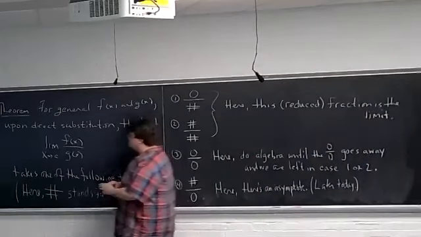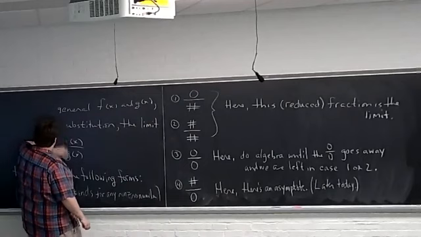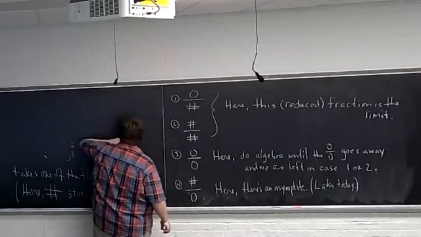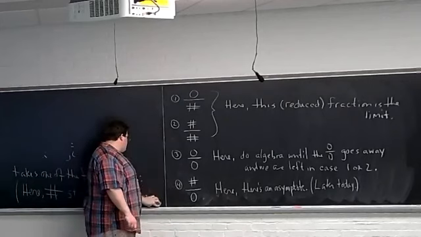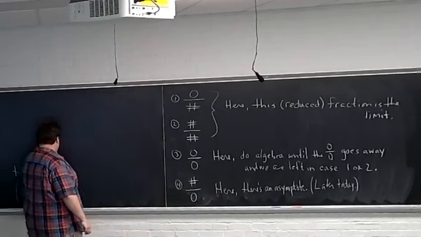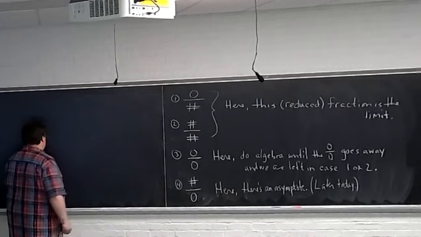Let's start with two examples. One thing the algebraic limit laws and a result we're going to see tomorrow tell us is that direct substitution may work. And if it does work, that's very convenient because if you want the limit, that's all you need to do.